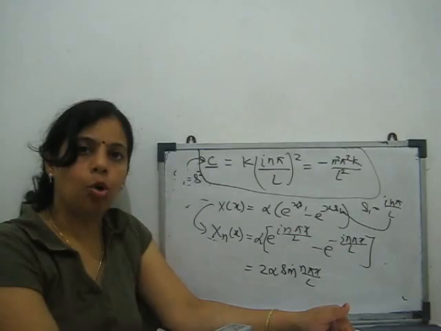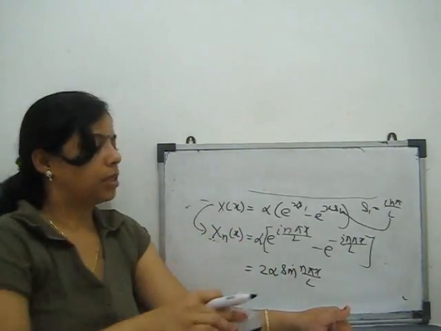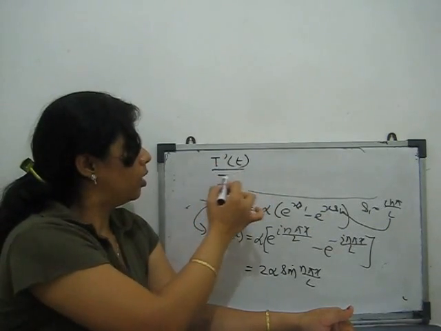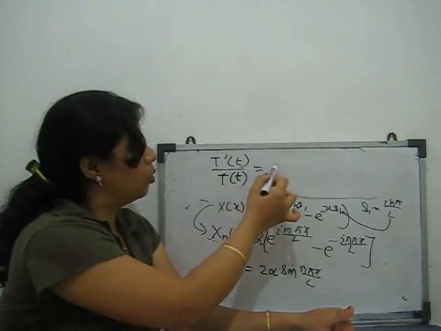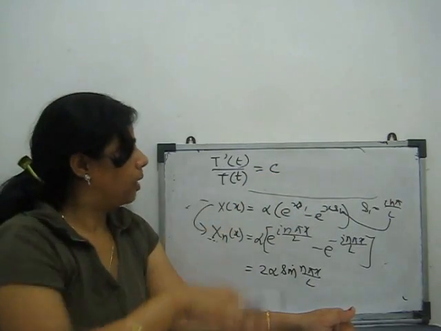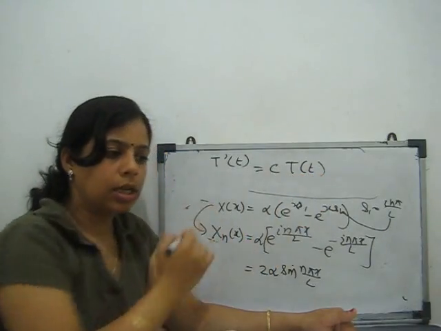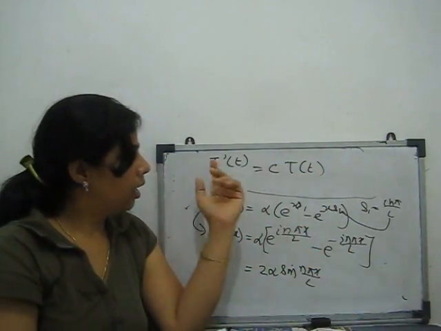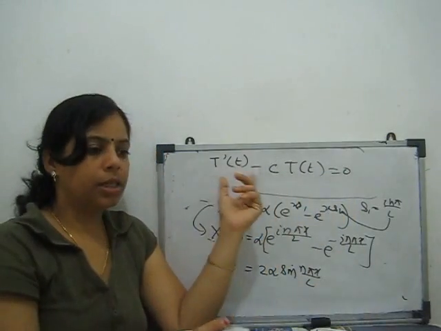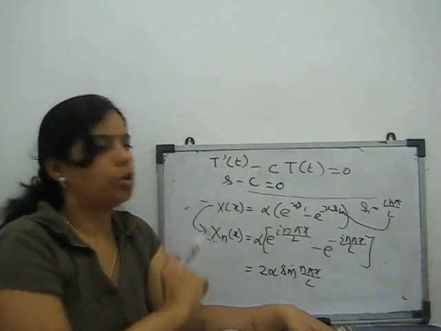Next we also go for our second variable, that is the equation of t. What is our T dash by T equal to C, that is the value of constant. So it becomes T dash minus C T equal to 0. Clear? Its characteristic equation gives s minus c equal to 0.